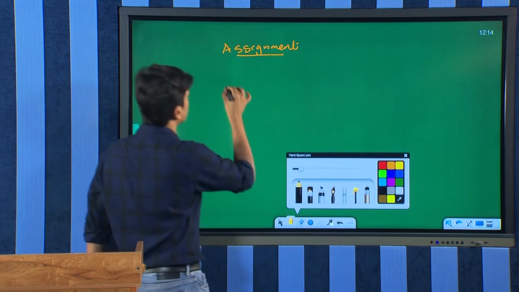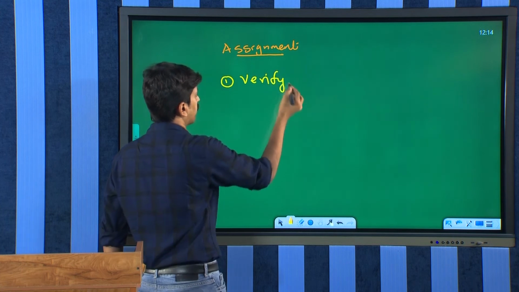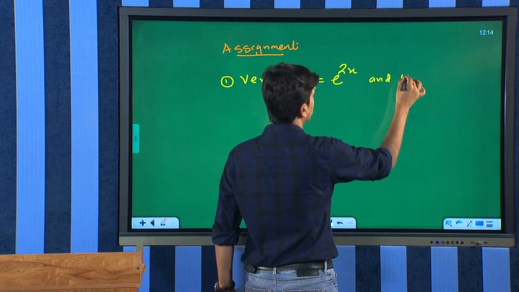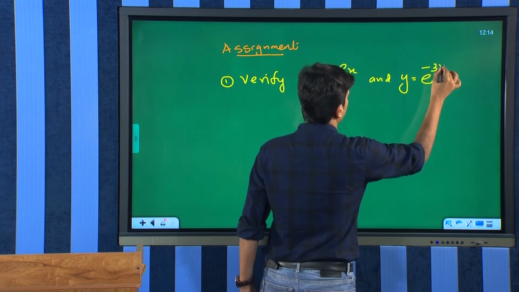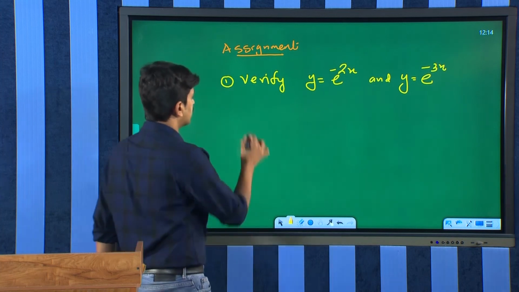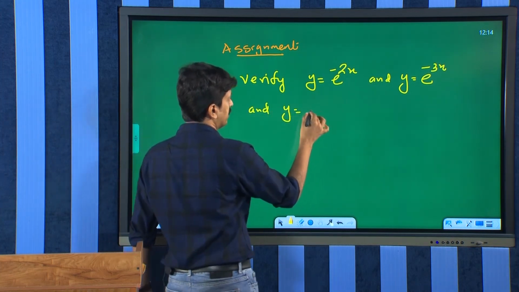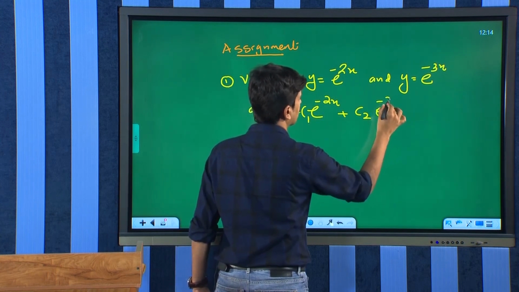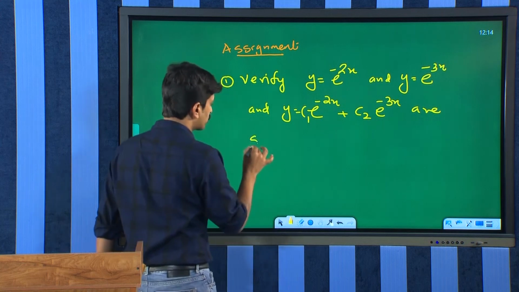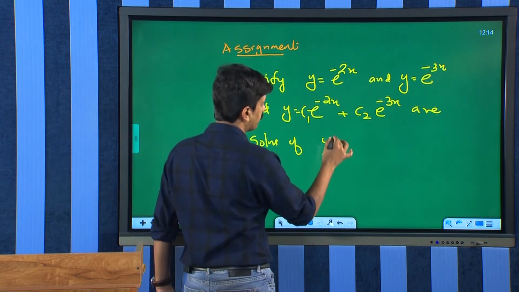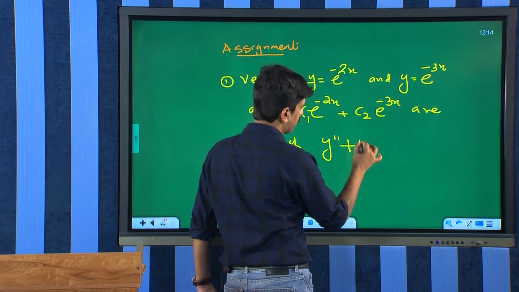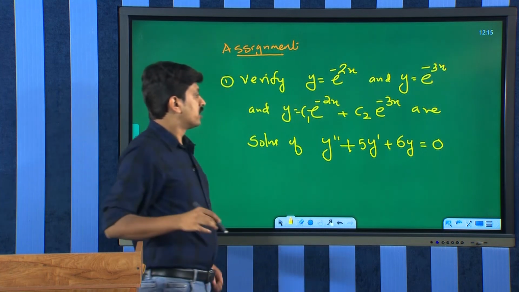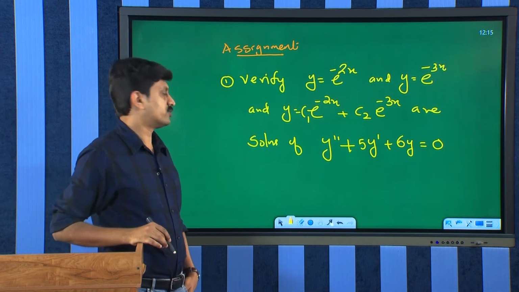Verify that y is equal to e raised to minus 2x, e raised to minus 3x, and y is equal to c1 e raised to minus 2x plus c2 e raised to minus 3x are solutions of y double dash plus 5y dash plus 6y is equal to 0.